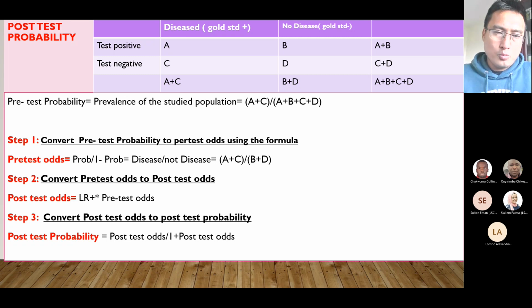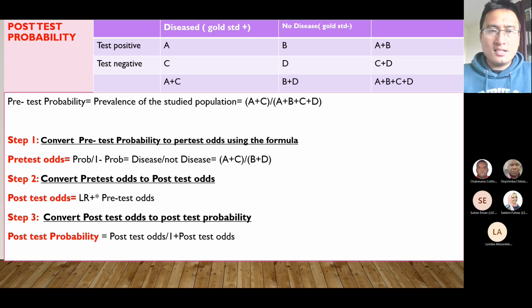To convert, the formula is the likelihood ratio multiplied by pretest odds. Would anyone want to give the formula for the positive likelihood ratio? Yeah, sensitivity over 1 minus specificity. So you multiply it. After you get the post-test odds, you get the post-test probability by putting post-test odds divided by 1 plus post-test odds.